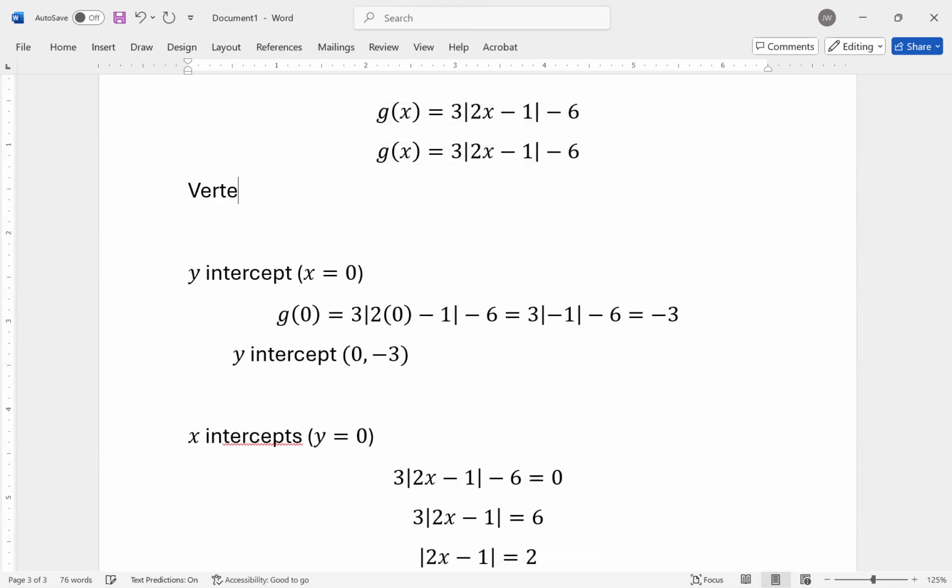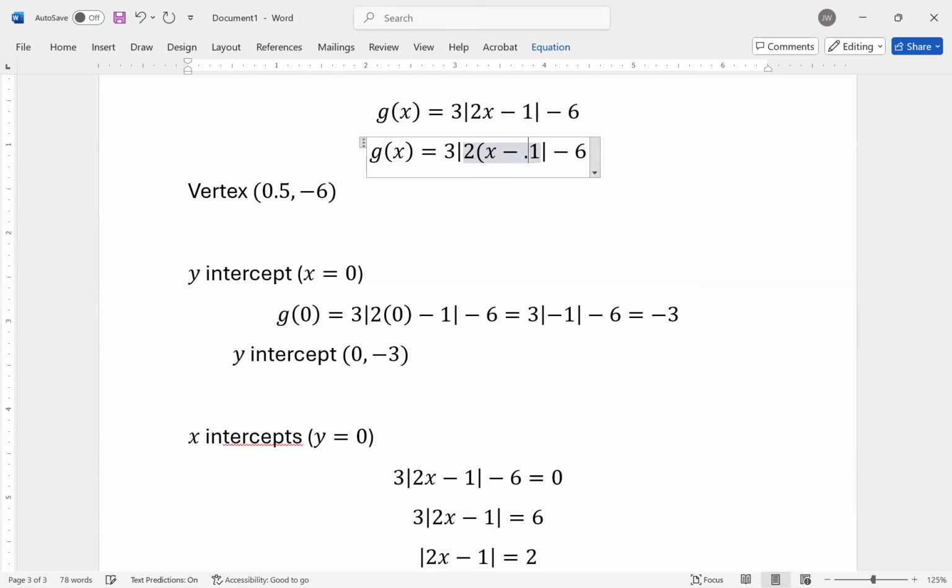It turns out in this case, the vertex is at the point 0.5, comma, -6. The reason it's not at 1, -6 is because of this stretch of 2 times x minus 1, technically this horizontally stretches by 2 before we shift over 1 unit. And that's throwing things off.